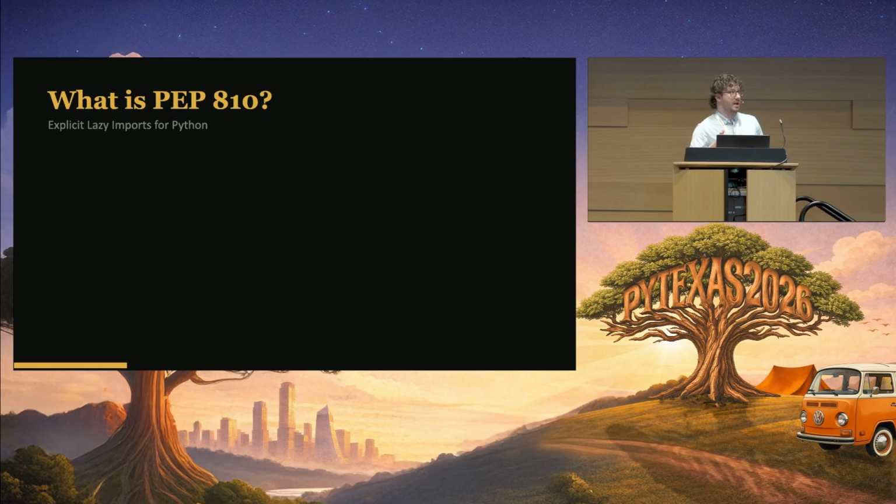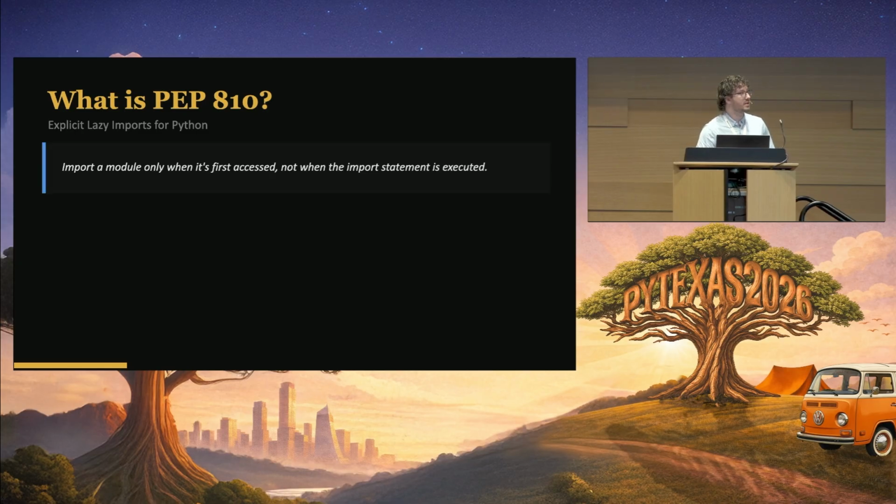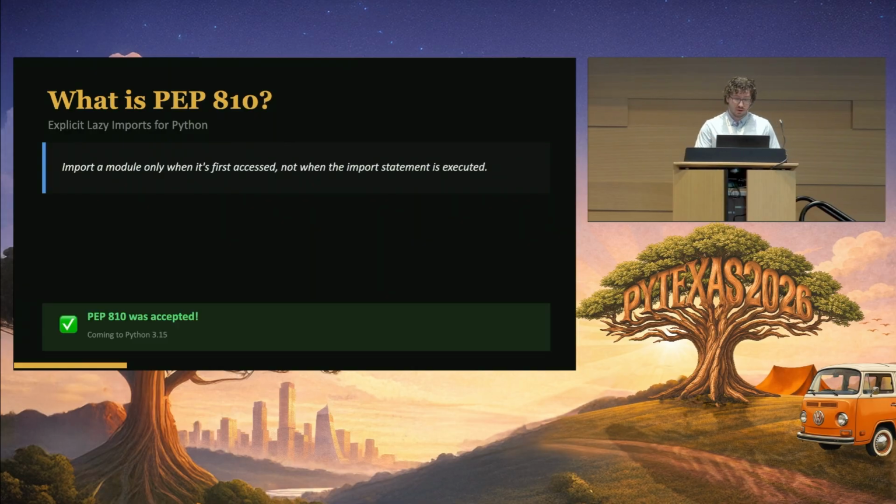So what can we do about it? Well, we have PEP 810. It adds an explicit keyword called lazy. To sum it up, it imports a module only when it's first accessed, not when the import statement is executed. And the good news is it's a real thing.